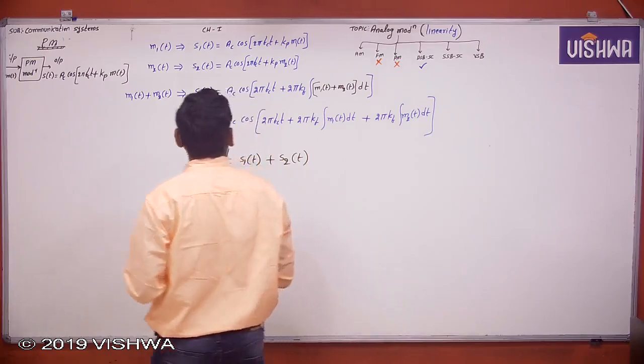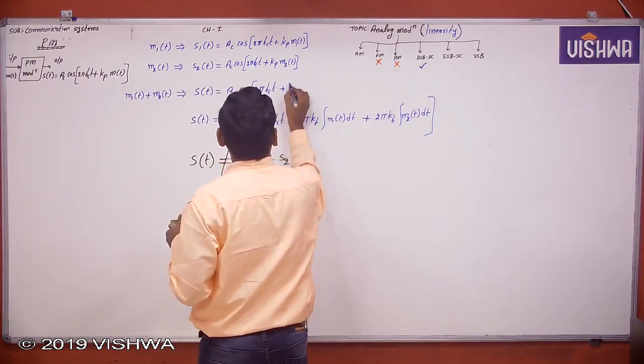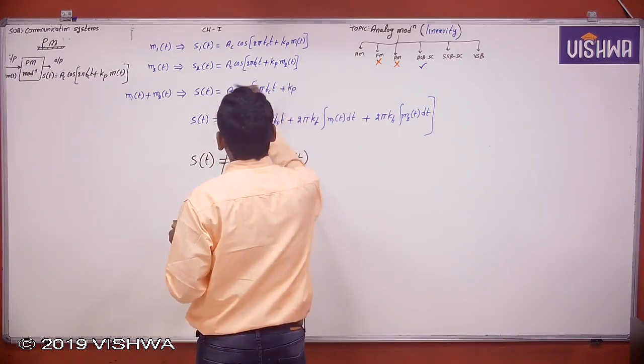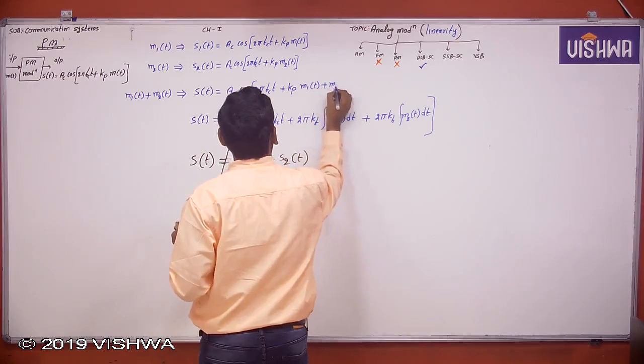Now m1 of t plus m2 of t, now which is nothing but, this is Kp into m of t, which is nothing but m1 of t plus m2 of t.